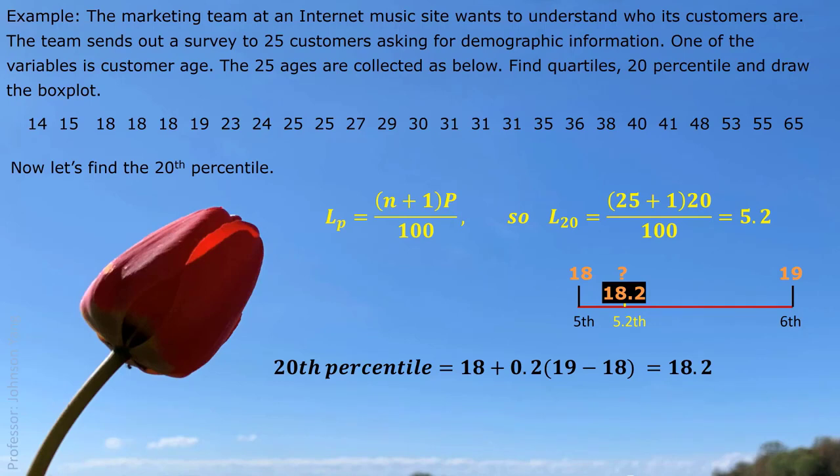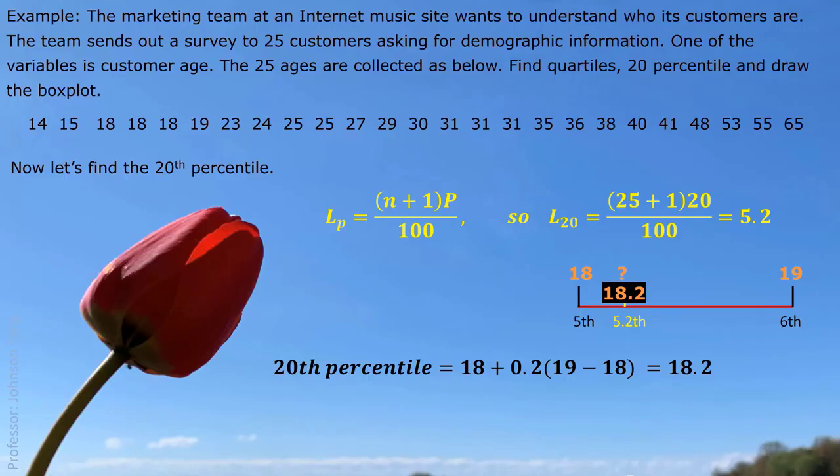So if 18.2 can make it happen, 18.3 can make it happen as well, and 18.5 can make it happen as well. So technically speaking, the percentile is not unique. We only give you a reasonable way to figure it out. Actually there are many different ways to estimate the percentile. They may come out with different answers.